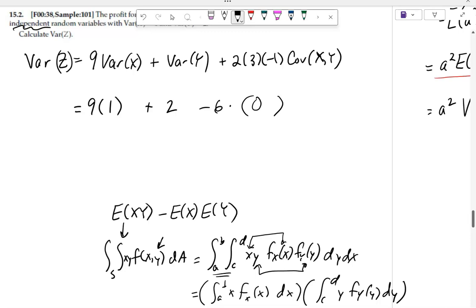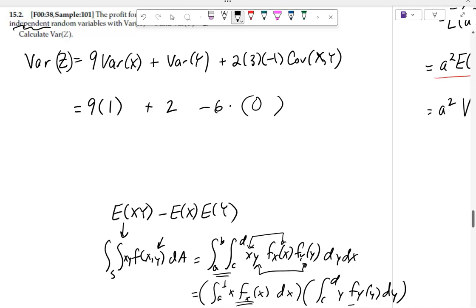That's just a matter of when you integrate with respect to y, your x's are constant, so I can pull those out in front. And then this whole thing won't have any x's in it, so I can pull that whole constant out in front. What's a better name for this first integral here? Expected value of x. This one is expected value of y. And so then I really do get 0.